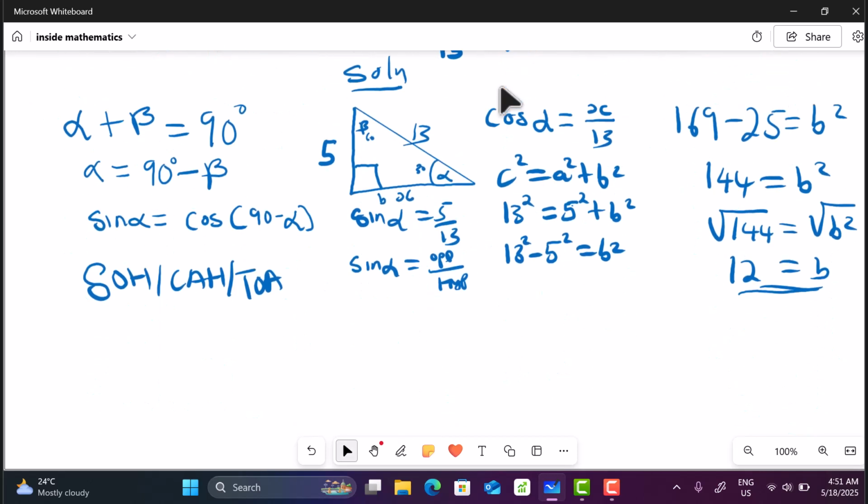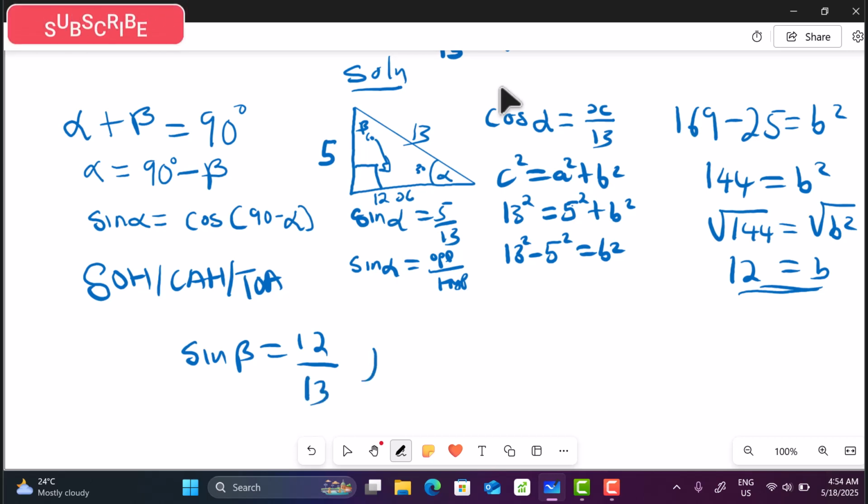So we go back to the question now. Since we already have 12 here, now we can say sine beta is equal to, as we can see, the opposite side is 12 and the hypotenuse is still 13.